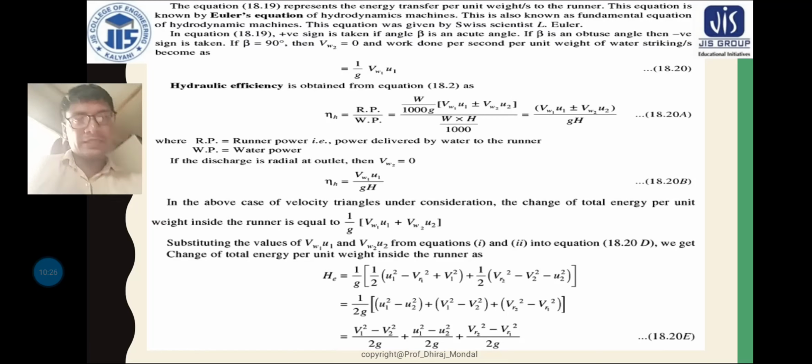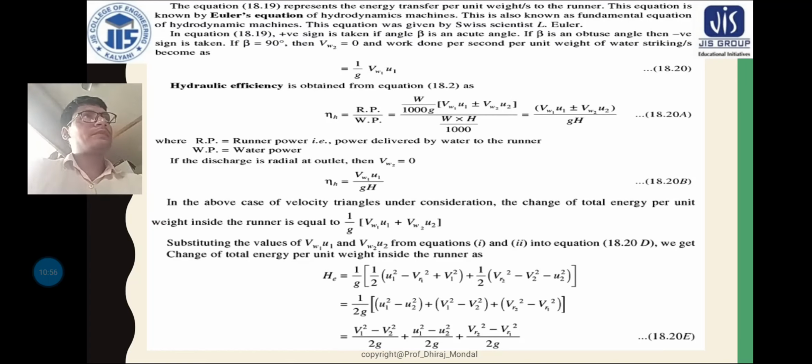The mass flow rate can be written as W by g, because W is equal to m into g. So W by g into 1000, into (Vw1 u1 plus or minus Vw2 u2), is the runner power. Why 1000? Because I have to take it in terms of kilowatt. And water power is m g h, where m g is W, so W into H is the water power.